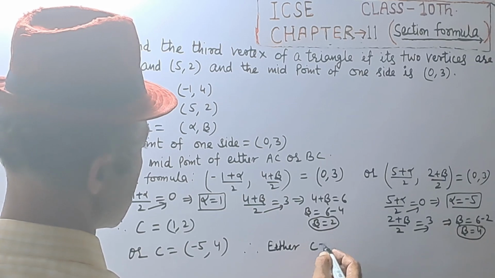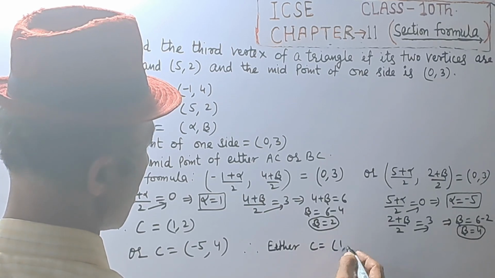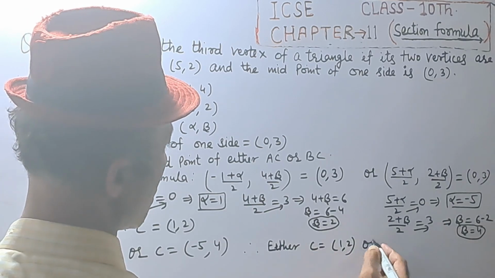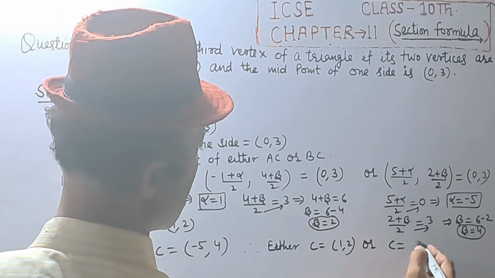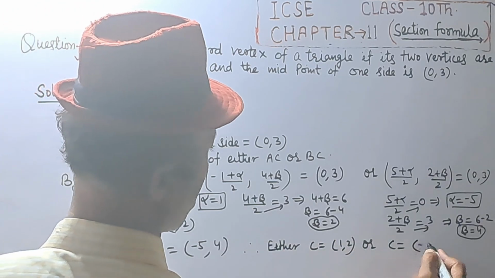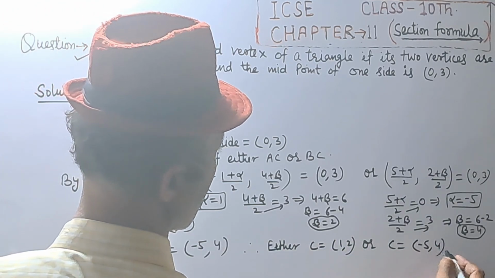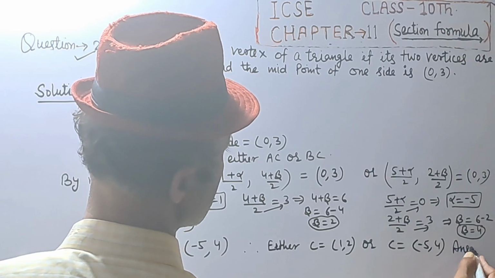Either C = (1, 2) or C = (-5, 4). Answer.